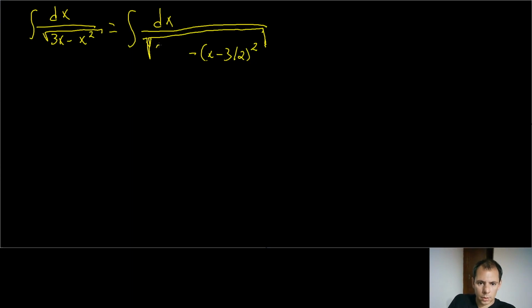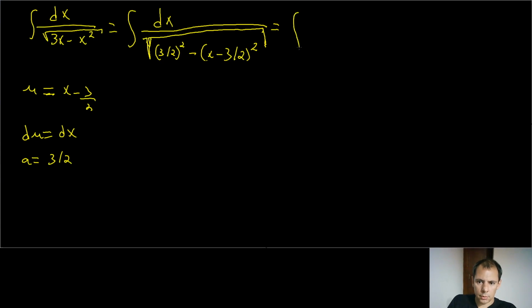So here we go again. This is the square root. u equals x minus 3 divided by 2. du equals dx. a equals 3 divided by 2.